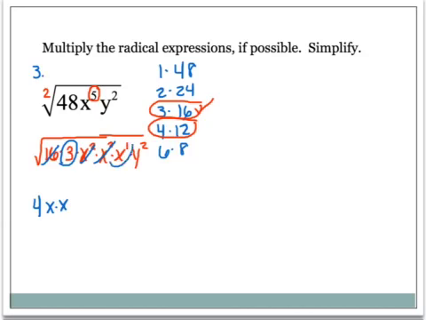I cannot take the square root of 1x, so that stays inside. And the square root of y squared is y. So I simply rewrite this. I'm going to combine the outside, and I have 4 x squared y times the square root of 3x.